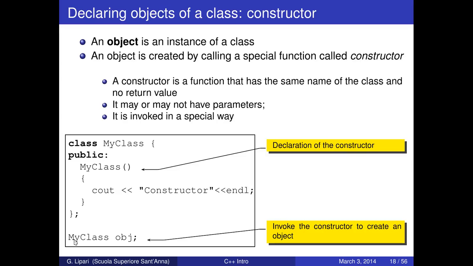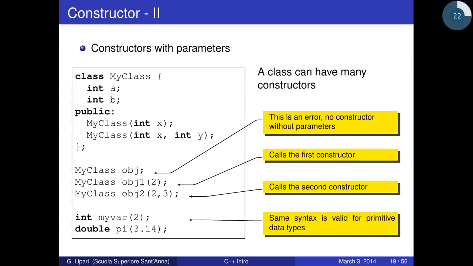And then later on we can create an object of type class, and this object is created by this writing. Okay, so the constructor is invoked there. Of course, you can also pass parameters to a constructor, because a constructor is just a function, so it can take parameters. So for example, here at this my class, I'm actually defining two different constructors.